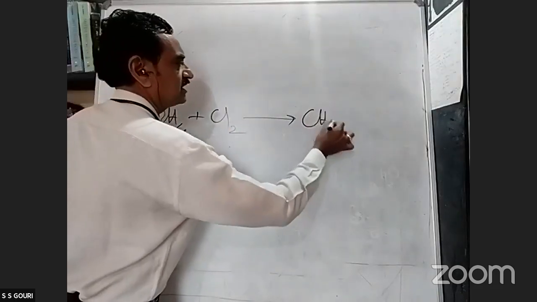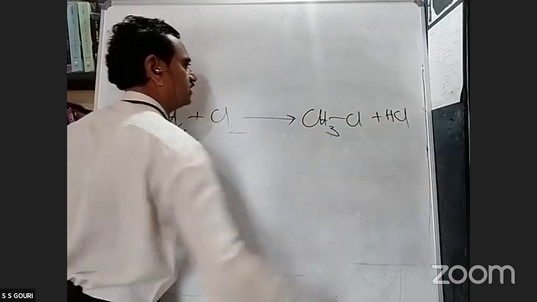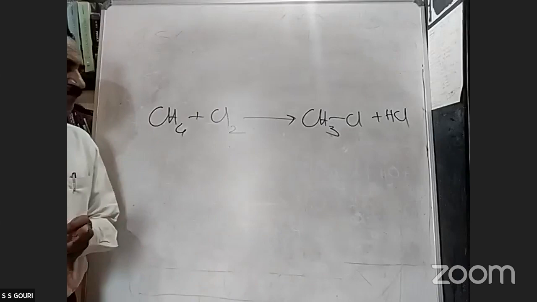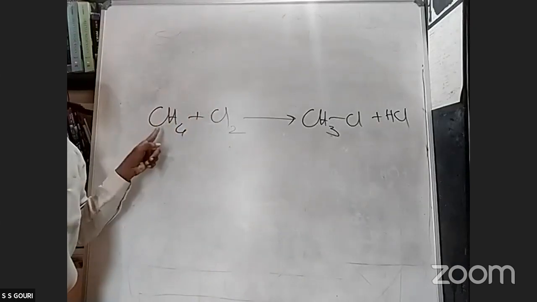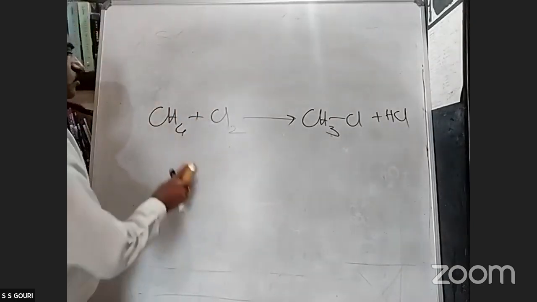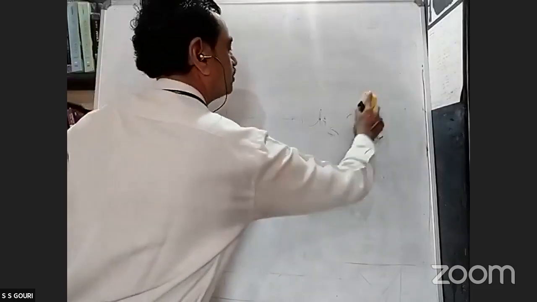So you get CH3Cl. So what is this reaction? Substitution, because an atom H is removed and chlorine is added. This is substitution. And what is addition?